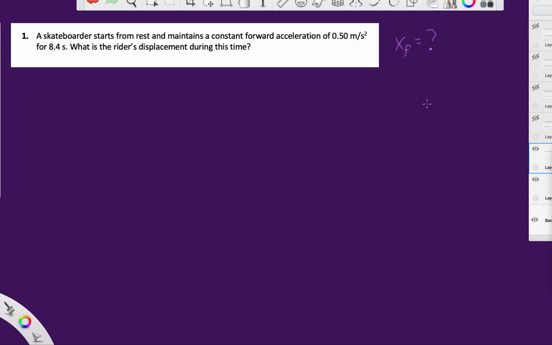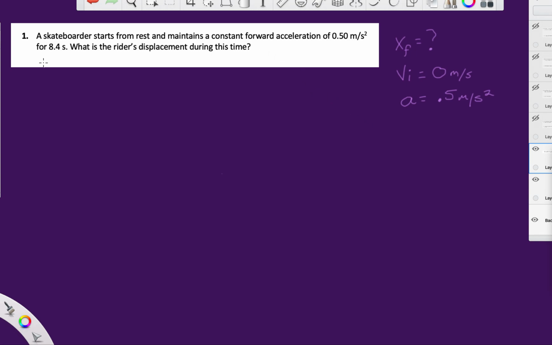Skateboarder starts from rest. Well, that gives us a lot of information. That means that their initial velocity is 0 meters a second. There is a constant acceleration, which is what these formulas are used with, constant acceleration of 0.5 meters a second squared.